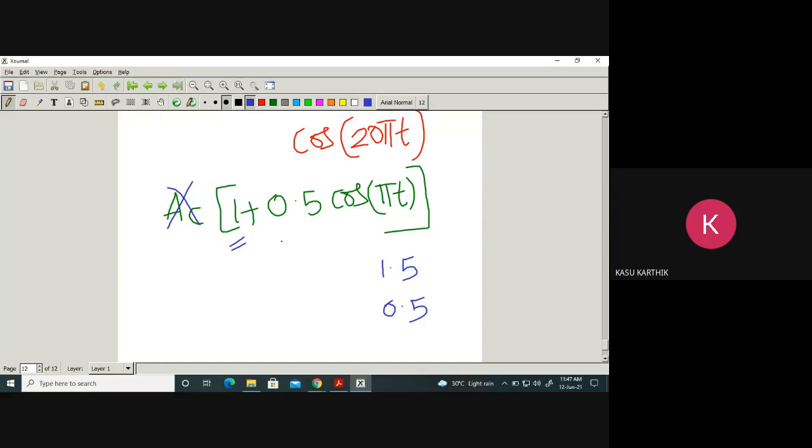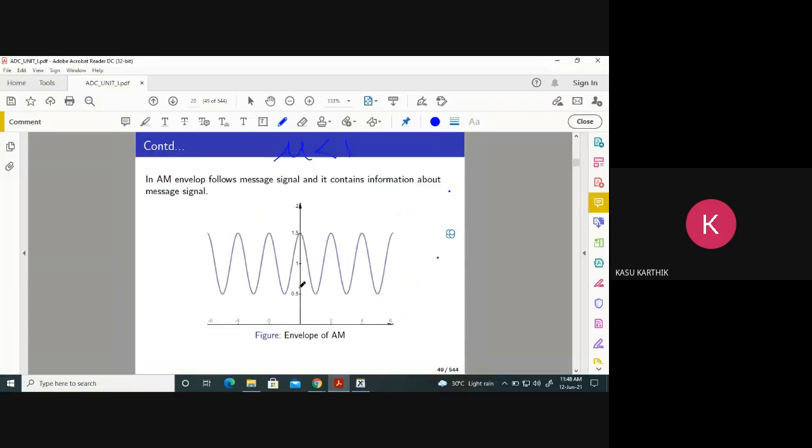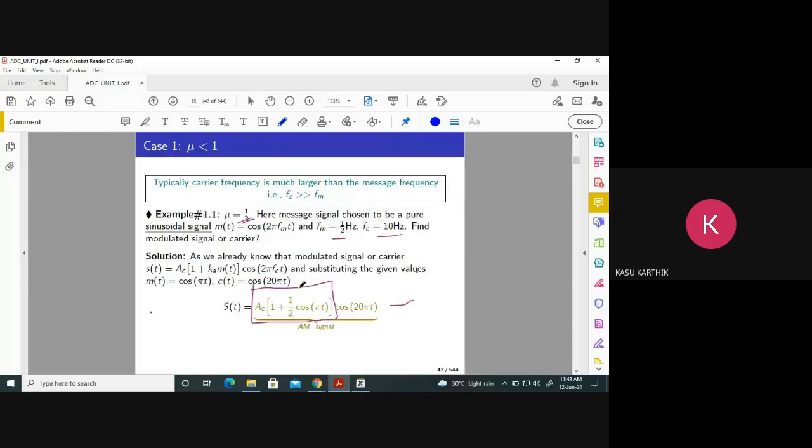What is the message signal in the example? Cos 2 pi FMT, which means FM is 1 by 2. M of t is cos pi t, and C of t is cos 20 pi t.